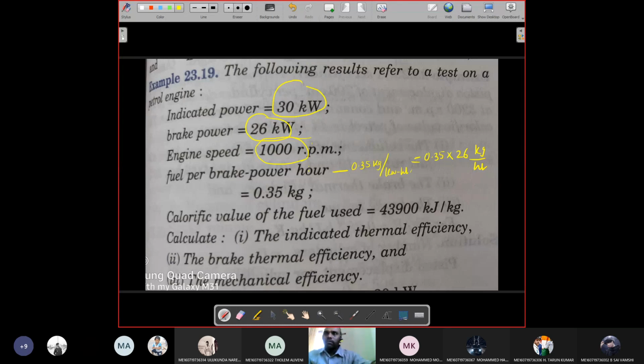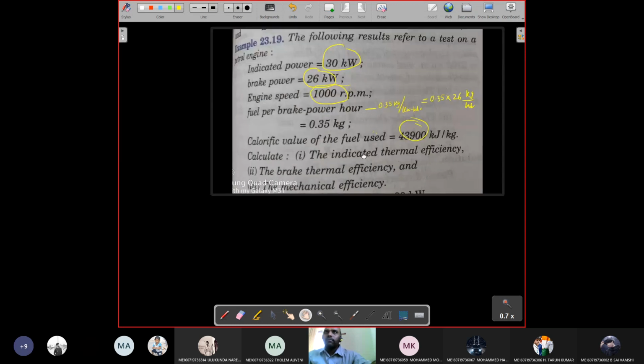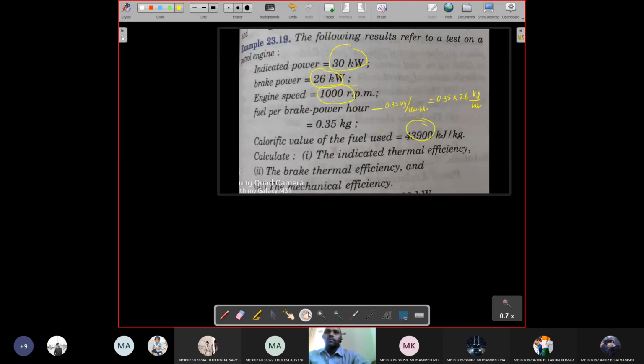Then calorific value is given. Then calculate indicated thermal efficiency. Fuel per brake power hour is given, that is 0.35 kg per kilowatt hour. From this we calculated mass of fuel. Mass of fuel is equal to 0.35 into brake power.